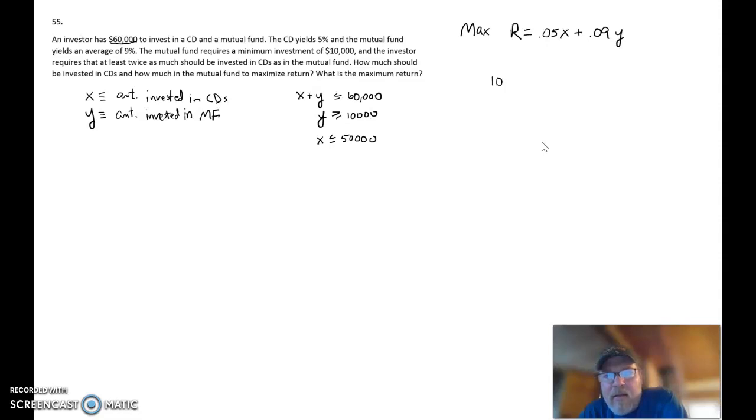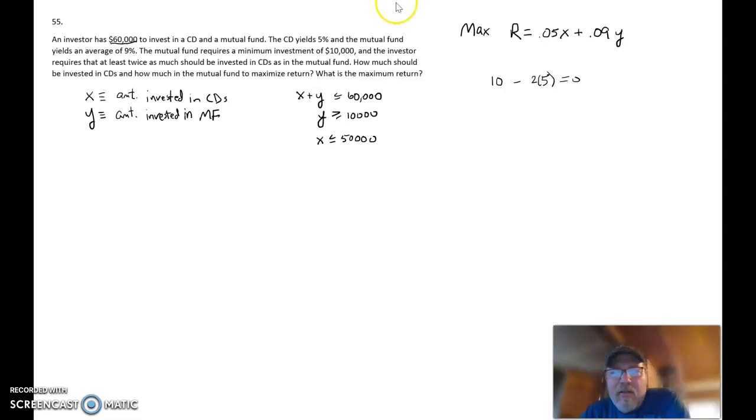That means the amount I invest in mutual funds is going to be 5. So 10 is twice 5. So to set them equal to each other, I've got to multiply the 5 by 2. And then if I subtract them, I get 0.